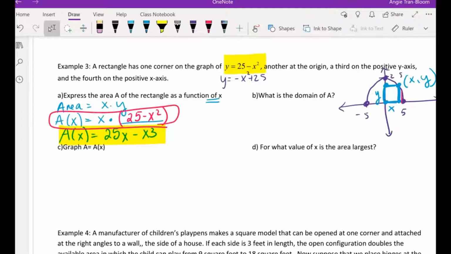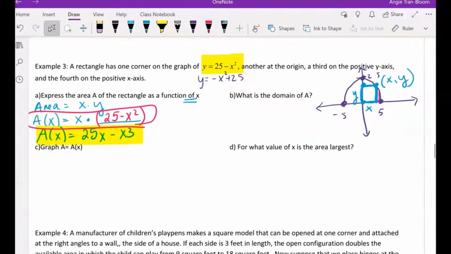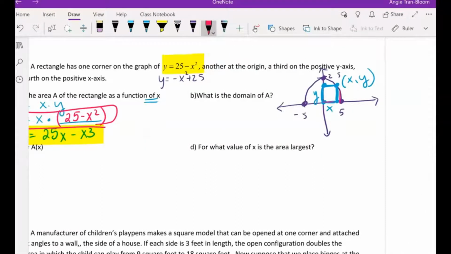Question B, what is the domain of A? And again, the domain is talking about what value can x be? In this case, it's talking about what values can the base of this rectangle be? Obviously, x is the base. The smallest base you can have is anything slightly bigger than 0, non-inclusive 0. Well, what's the largest value you can have?